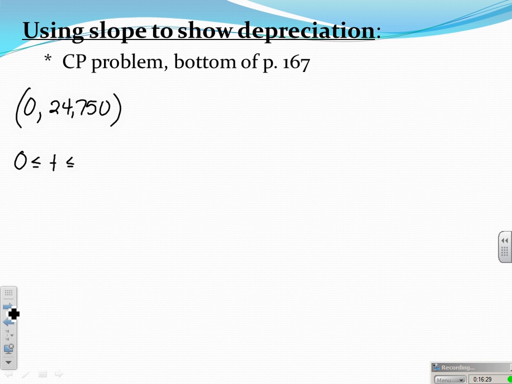So the time of this machine's worth is somewhere between 0 to 6 years. Let's see. Does it tell us what this is going to depreciate each year?